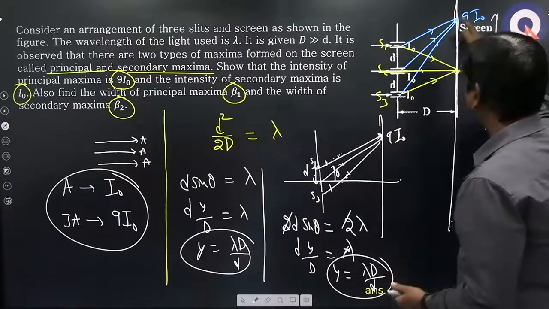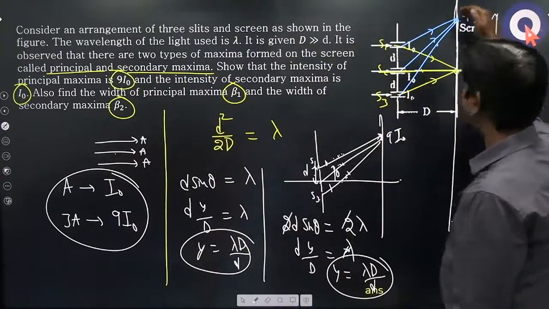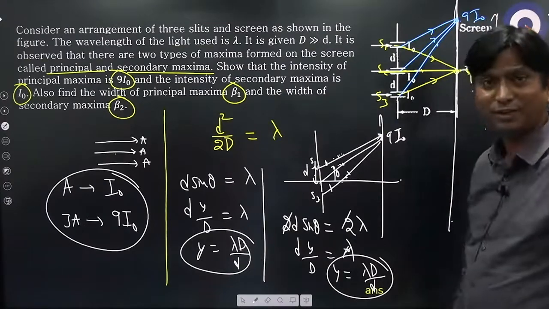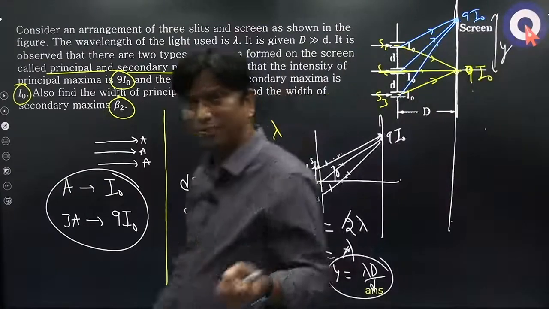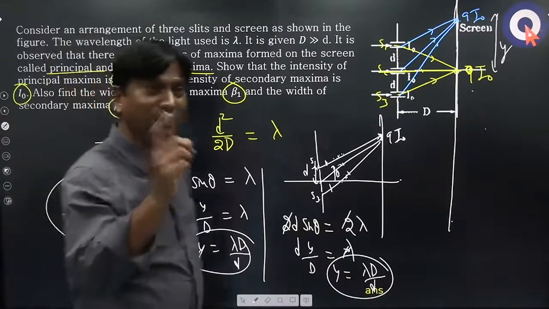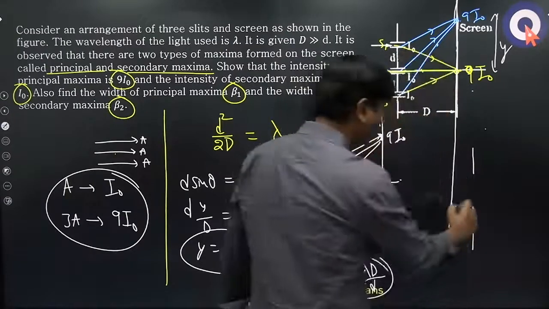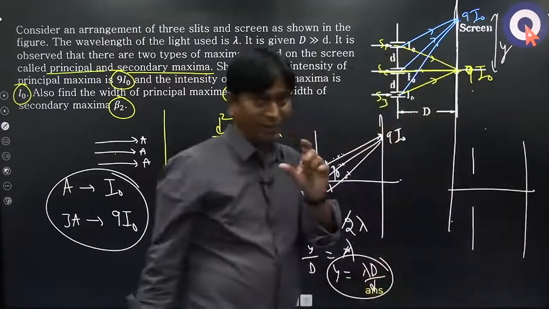It's also equal to the width of the principal maxima, where you will get 9I0 and another place also 9I0. Right or not? So just that simple technique what we are following. You see, in Fraunhofer diffraction also, if you remember, we used to divide the slit into two parts.